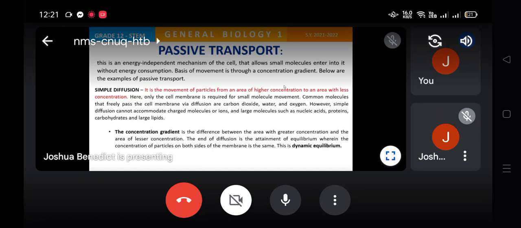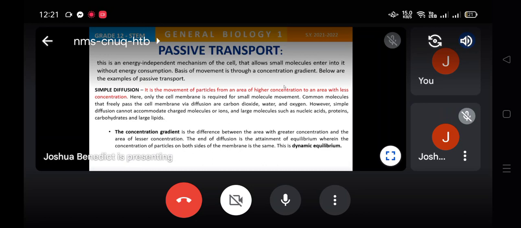Before we move to talking about facilitated diffusion, let's talk about again the concentration gradient. It is the difference between the greater concentration and lower concentration. So, movement is from higher to lower. Okay? That's the concentration gradient.